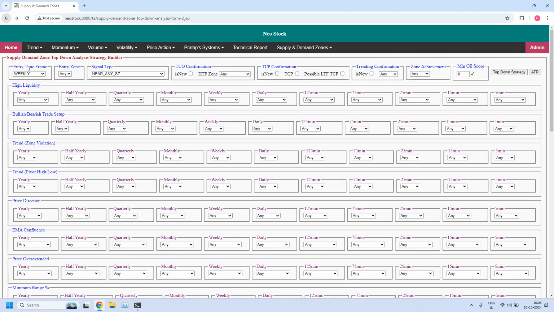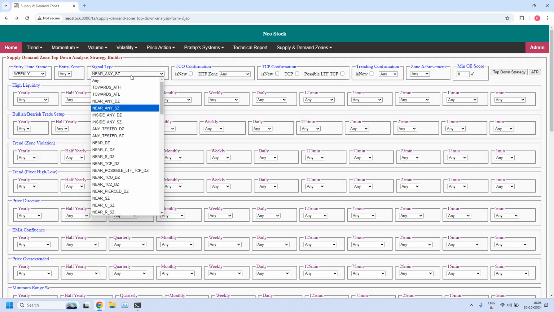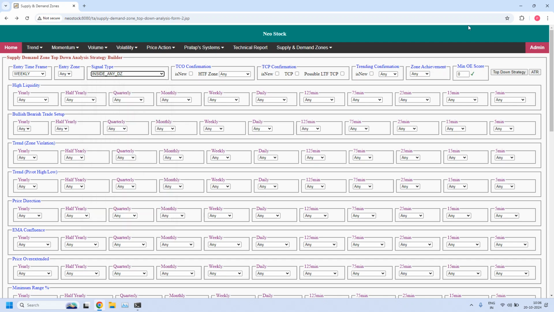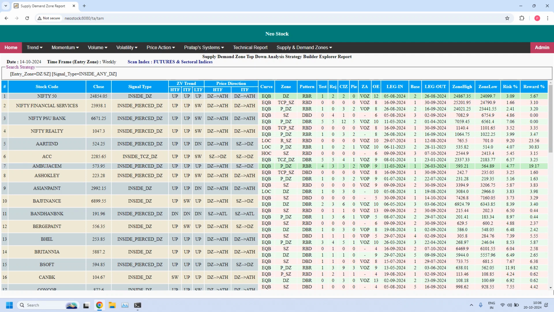The next report for weekly time frame. Let us find the stocks where price closed inside weekly demand zone. So a very good number of stocks are filtered. First 16 stocks you are seeing in this page. I am scrolling the list down.